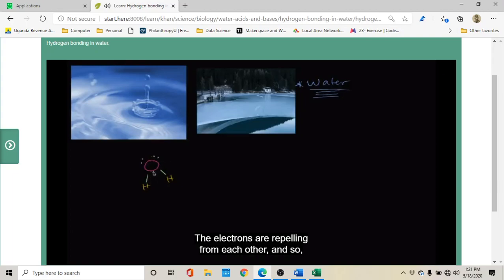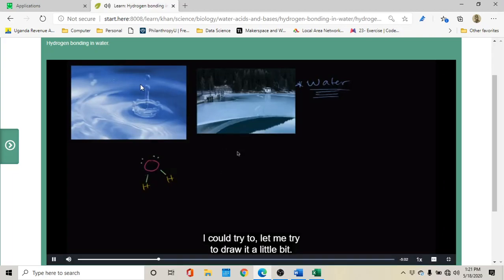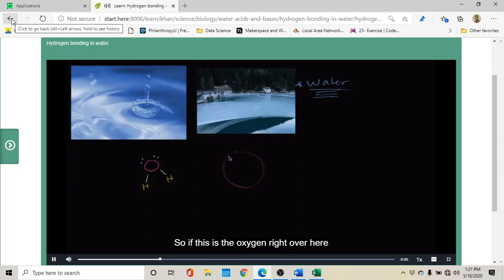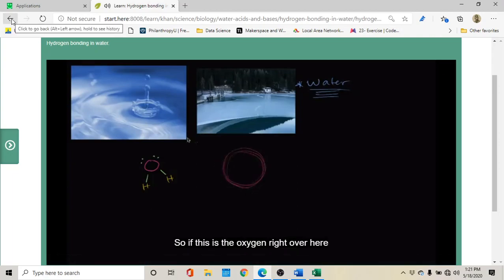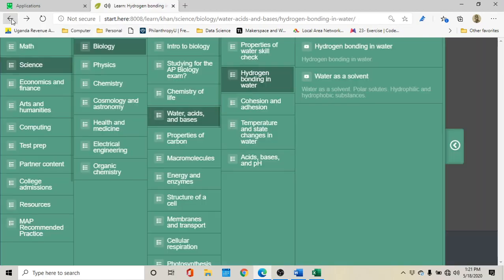The electrons are repelling from each other. And so in reality, if we were looking at 3 dimensions, the oxygen molecule is kind of a tetrahedral shape. Let me try to draw it a little bit. So if this is the oxygen right over here, then you could have maybe one lone pair of electrons. I'll draw this a little green circle there, another lone pair of electrons.